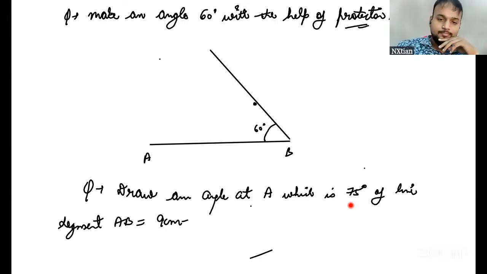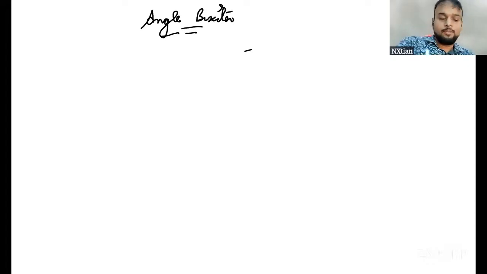Okay. So now we will first understand how to make an angle bisector. Understand it like this.